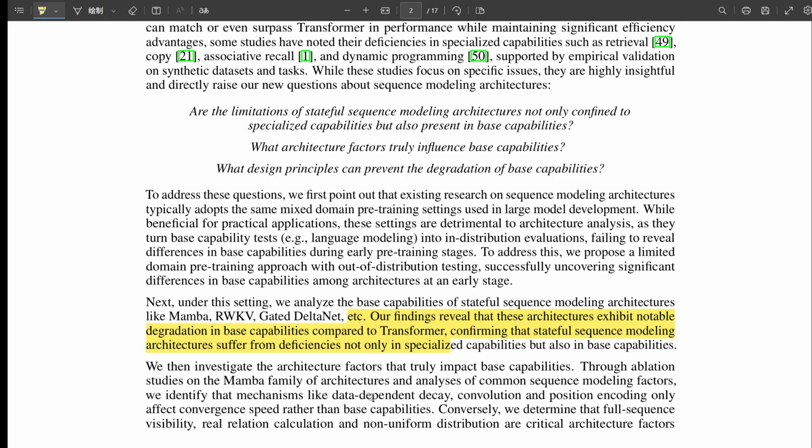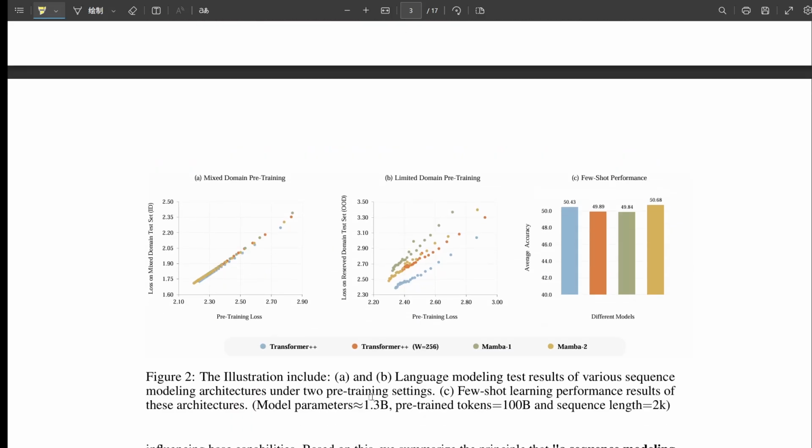The problem extends to their fundamental abilities, and it becomes really obvious when they face data distributions they weren't trained on. It's independent of the training data, it's about the architecture itself. Okay, that's fascinating. So architecture really drives this fundamental generalization, and stateful models seem to have an inherent disadvantage there, at least in this OOD setup, which naturally leads to the next big academic question they tackled.